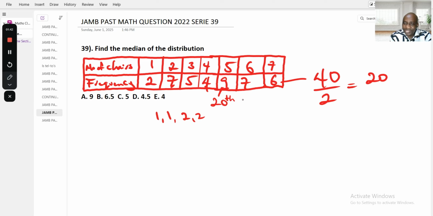Therefore, the 20th and 21st will fall within here, which means they will be under the 5. How many 5s do you have there? 9. 1, 2, 3, 4, 5, 6.